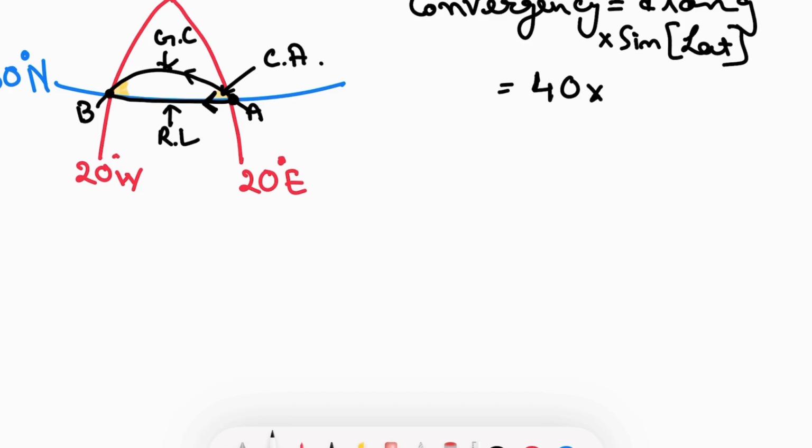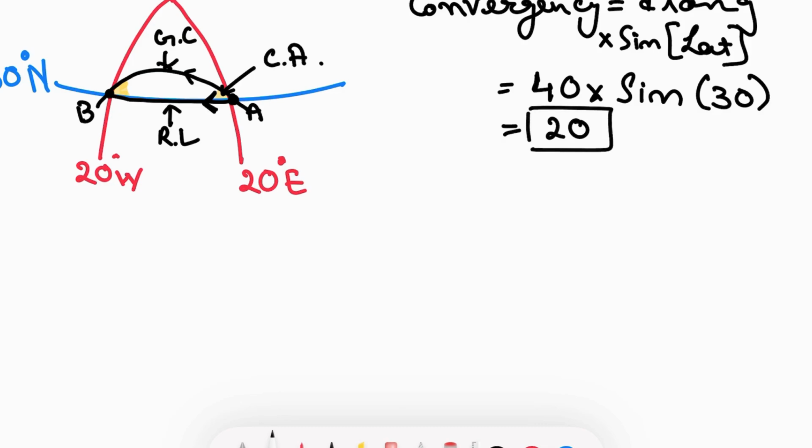So 40 into sine of 30. Sine of 30 is 1 by 2. So 40 into sine 30 is 20. So convergency is 20, and the conversion angle is 10.